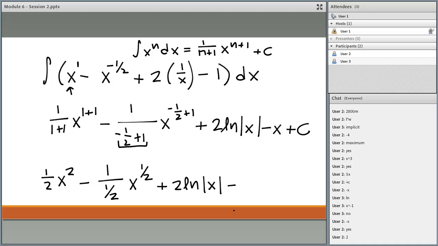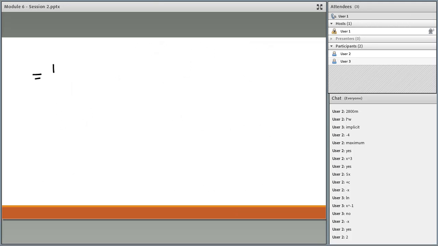There's nothing we can do to simplify 2 natural log absolute value of x, and there's nothing we can do to simplify minus x. Writing x to the 1/2 as x to the 1/2 rather than the square root is perfectly fine. So you can leave it as x to the 1/2.